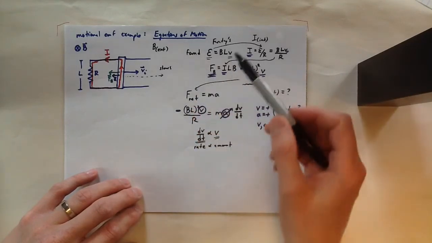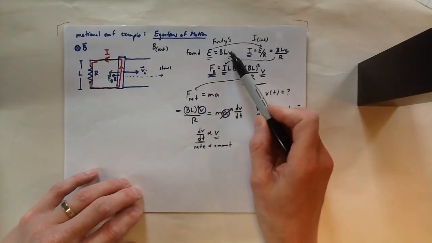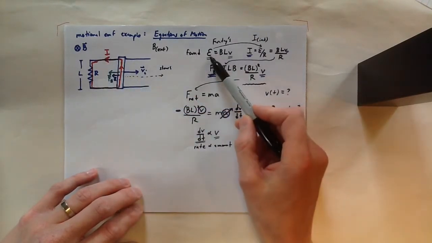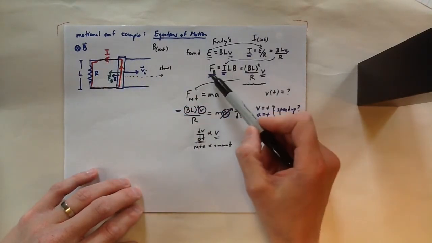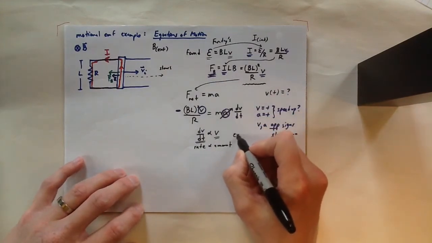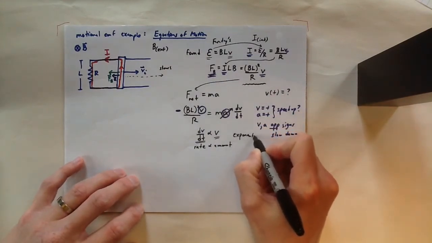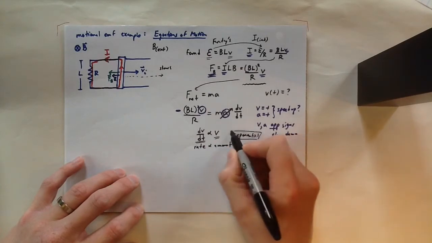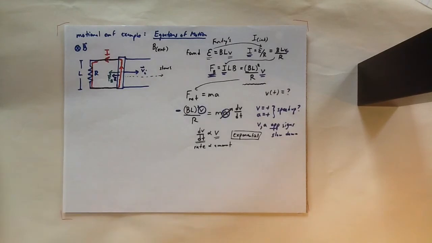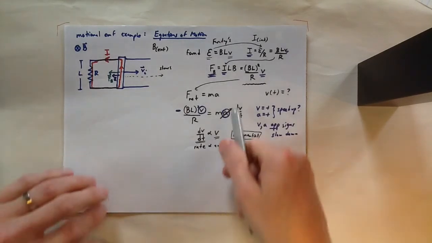But in the limit that I slow down, when the bar is barely moving, the flux change is almost nothing, so the EMF and current are very small, and the force acting against it is very small. I point this out to remind you that anytime the rate of something is tied to the amount itself, you are expecting an exponential function, so that is what we're going to get.